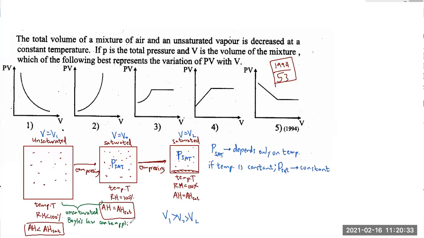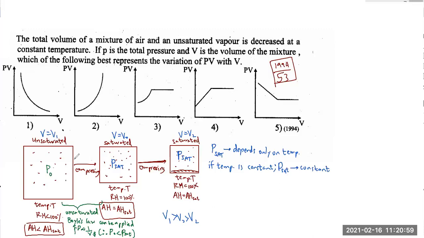In Boyle's law, pressure is inversely proportional to volume. So when you reduce the volume, pressure will increase. So if you take the pressure here as P naught initially, definitely P naught is smaller than saturated pressure. I hope you guys understood that.